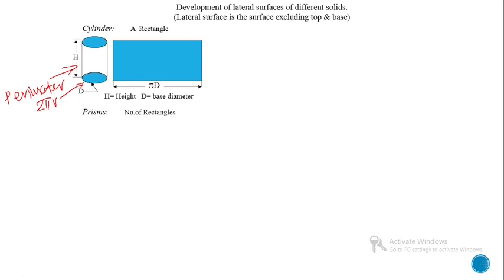Then next category, prism. First category, cylinder, and the shape of the development of the lateral surface is a rectangle. In the same manner, the development of the lateral surface of a prism must be another rectangle, but there are some changes because there are so many vertical edges.